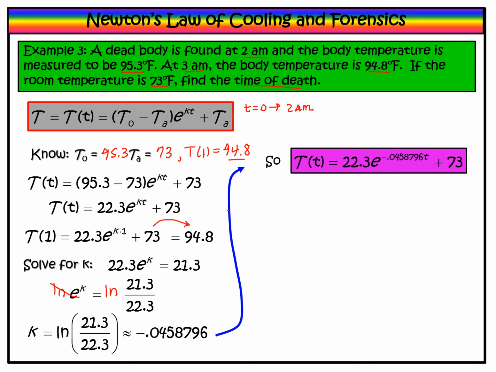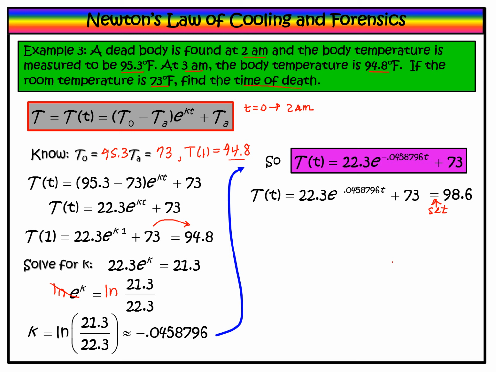So the time of death will assume that the temperature was 98.6. So we're going to set this cap T equal to 98.6 and solve for time. So take cap T, which is 22.3 e to the negative 0.0458796t plus 73, and set that guy equal to 98.6.